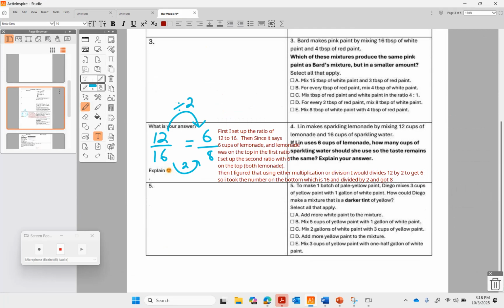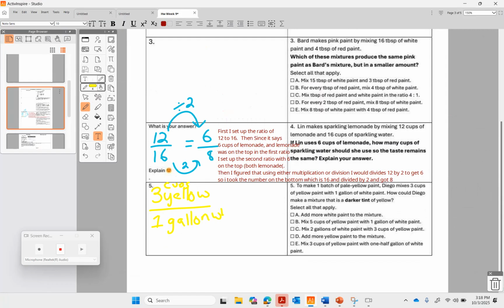To make a batch of yellow paint, Diego mixes 3 cups of yellow to 1 gallon of white.